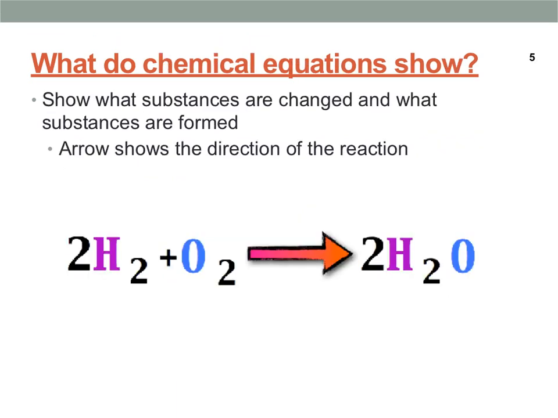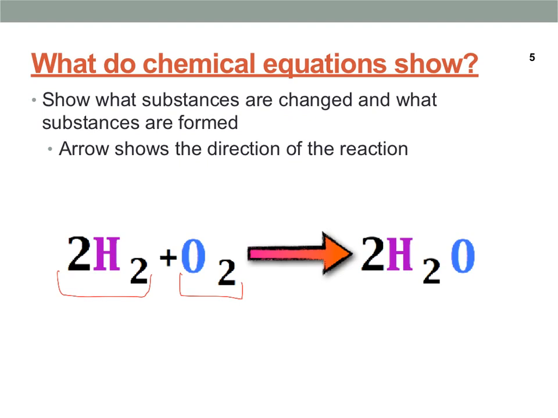The things that are shown by a chemical equation are what substances are changed and what substances are formed. It also tells the relative amounts of what's being changed and what's being formed. In this case, two hydrogen gas molecules, H2 is hydrogen gas, and one molecule of oxygen gas are being combined.